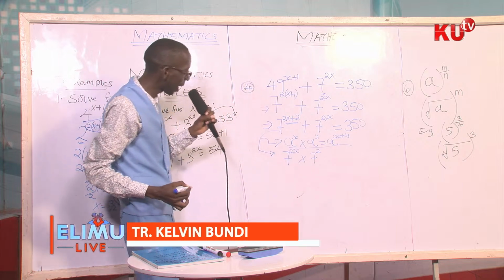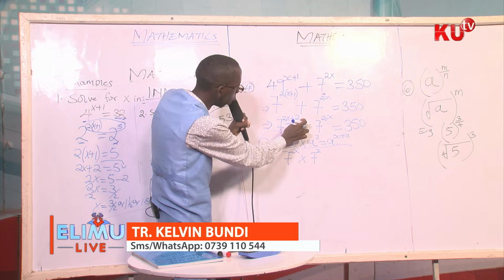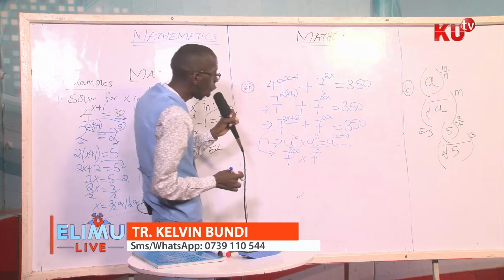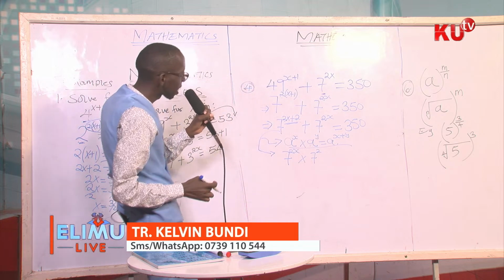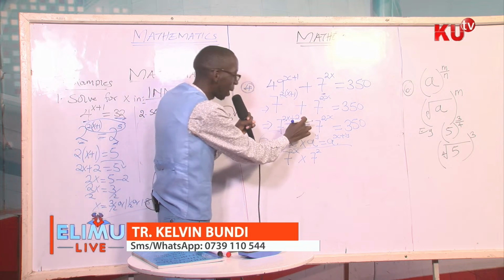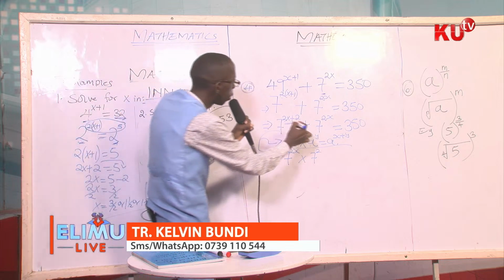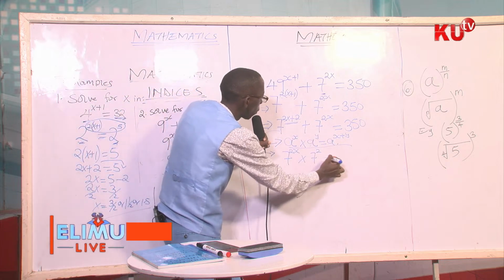As easy as that. 7 to power 2x plus 2, according to the first law of indices, is the same as 7 to power 2x times 7 to power 2. Then you proceed with the rest of the question.